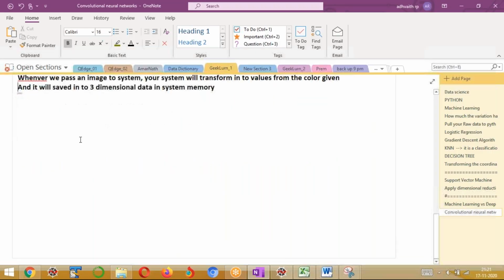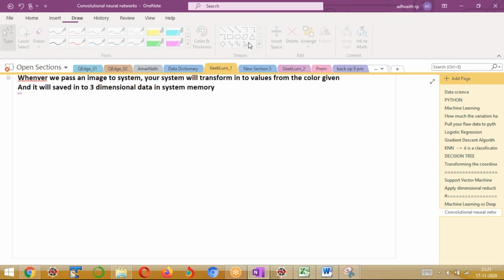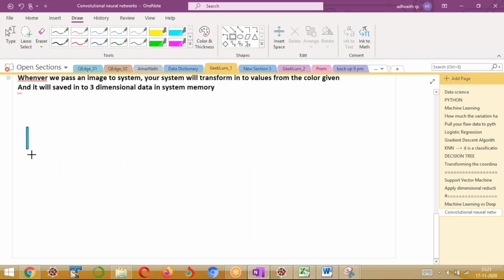Here, for example, I have an image like this. I need to work on this image now. I use some logic and convert this image into a flattened shape. So what does it become?